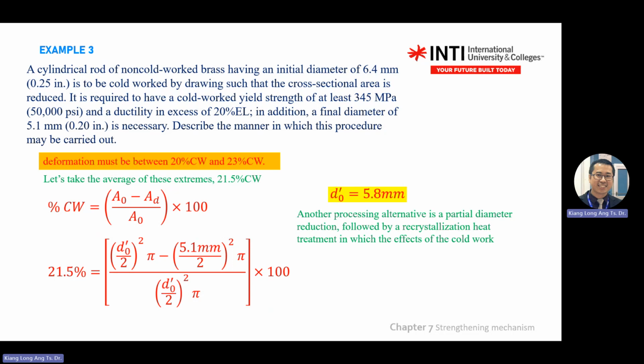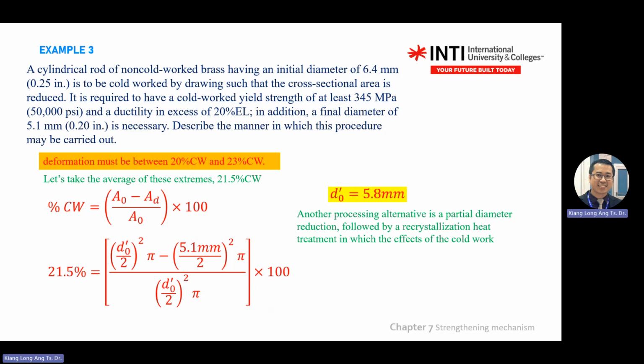So you need to use an original diameter of 5.8 mm rather than 6.4 mm. Last semester's final exam question, I changed a little bit of this example 3. I told the scenario where there is in-house storage of, I forget the value, maybe 6.4 mm in the storehouse. So what can you do with that material to meet the customer requirement?